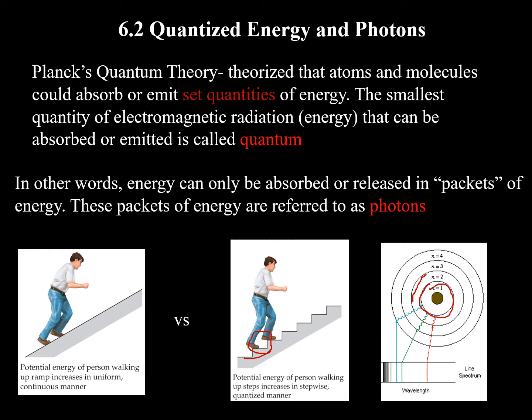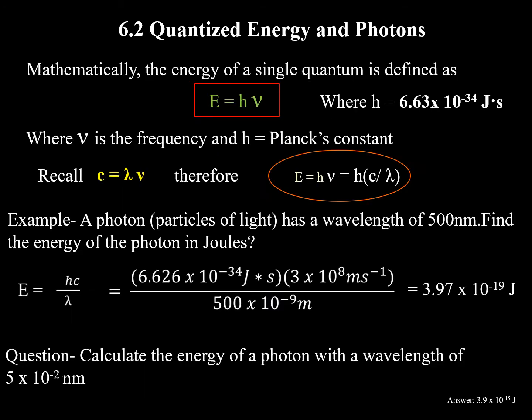So energy is quantized, meaning the electron can live on N equals 1, N equals 2, N equals 3, but cannot live in between these levels. E equals h nu, where h is Planck's constant, 6.63 times 10 to the -34 joules times seconds, or 6.626.